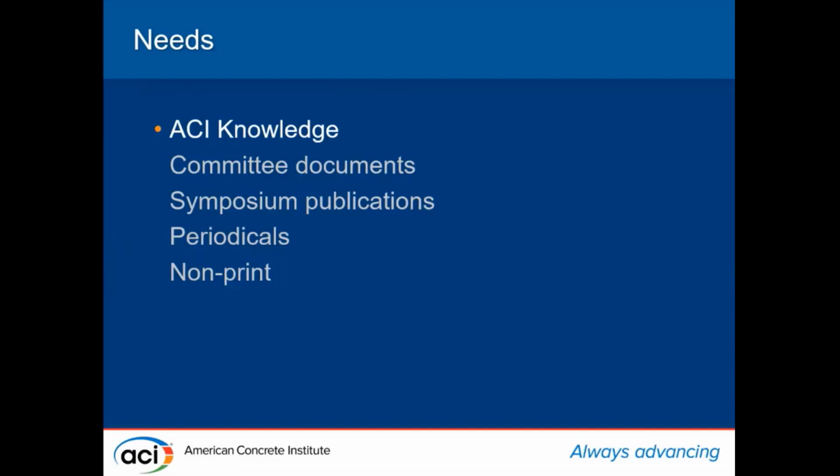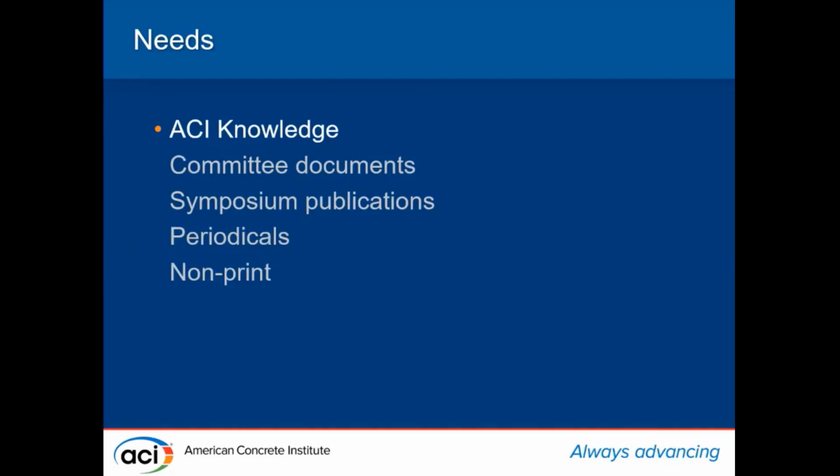We have all the symposium publications, I think we're up to about our 350th. We have periodicals and journals going back to 1904. And just like the session you're watching now, we've also been able to capture over the last several years lots of non-print material, lots of video presentations that also add to that concrete knowledge.